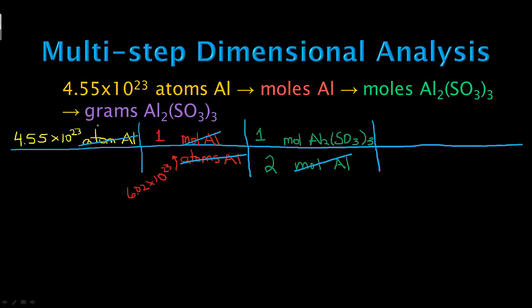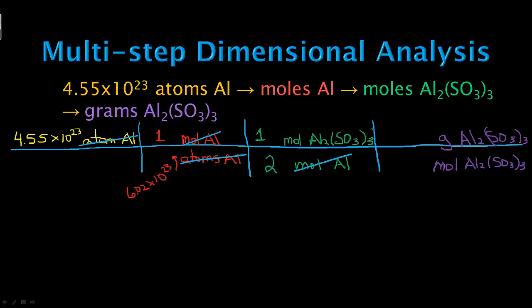Now we need to go to grams of aluminum sulfite. So I'm going to put that on top. Grams of aluminum sulfite. I need to get rid of this moles of aluminum sulfite, so I'm going to put it on bottom. And I'm looking right here, grams per mole. That right there tells me it's molar mass specifically of aluminum sulfite.